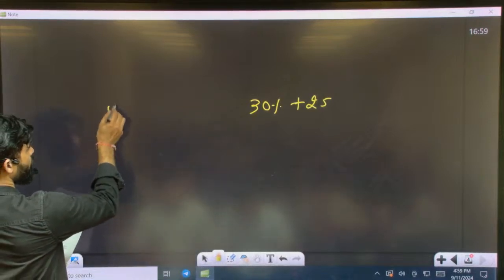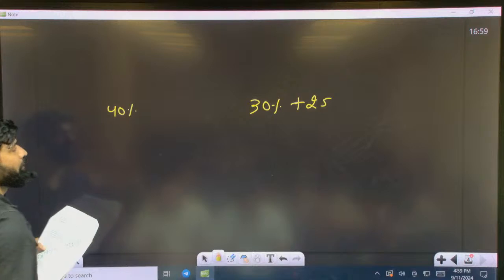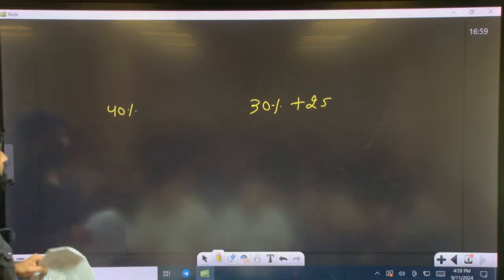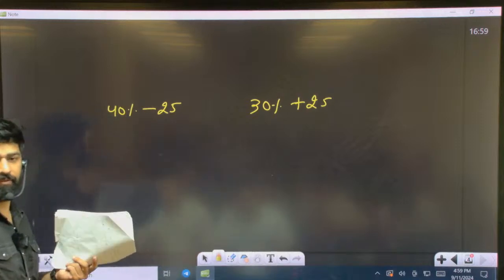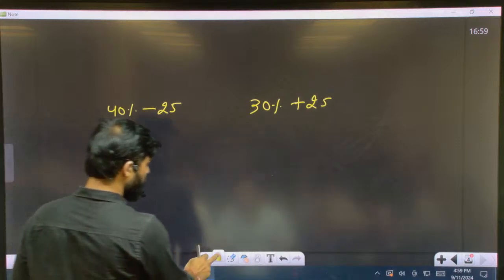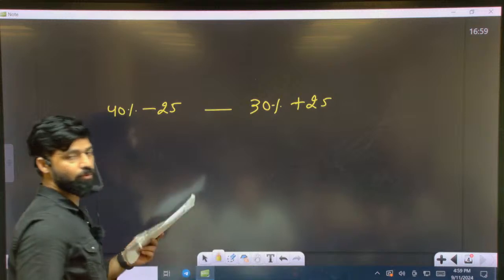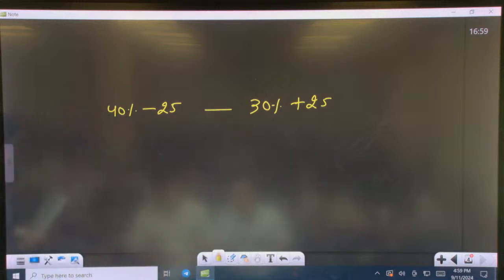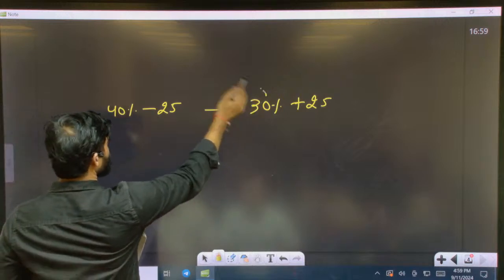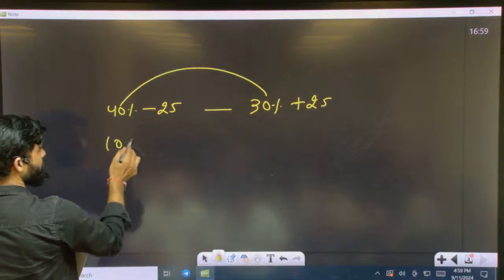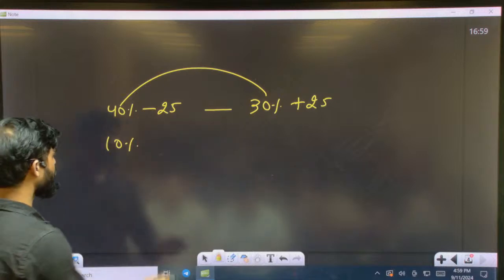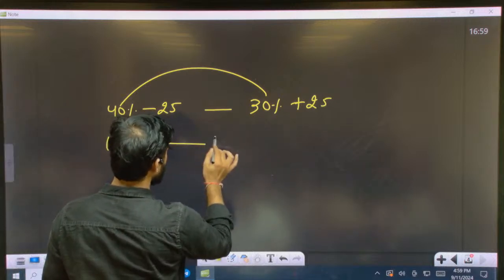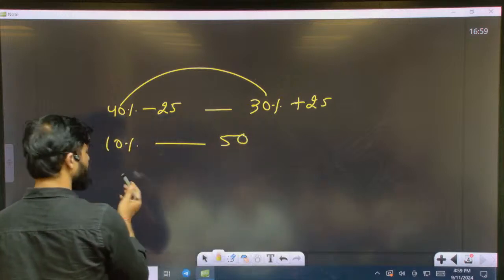Another student who got 40% has 25 marks more than the essential marks, so minus his extra marks. Both the values are the same because both are pass marks. Any problem in this? Let's take the percentage value together. 40 minus 30, that is 10%. The 25 that was minus here will be plus there. You can say 10%, 25 plus 25, that is 50.